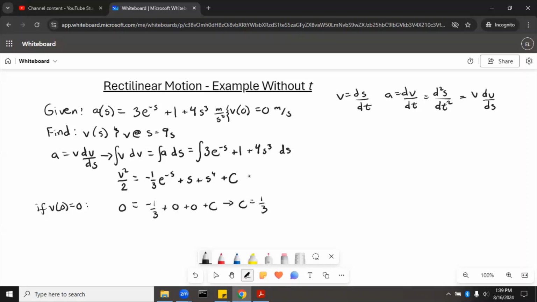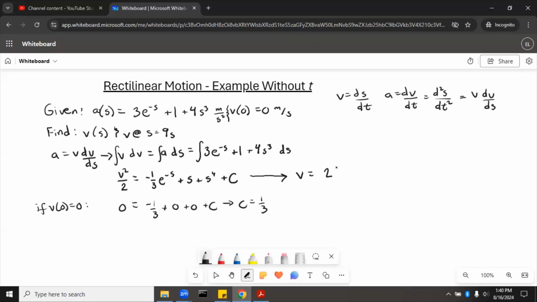Okay, so putting all that in here, now this has a v squared over 2, so we need to take that 2 and multiply it over around the other side, and that'll give us the v squared, and then we take the square root to get v. So we'll have v equals, first we'll just write all the stuff from before.